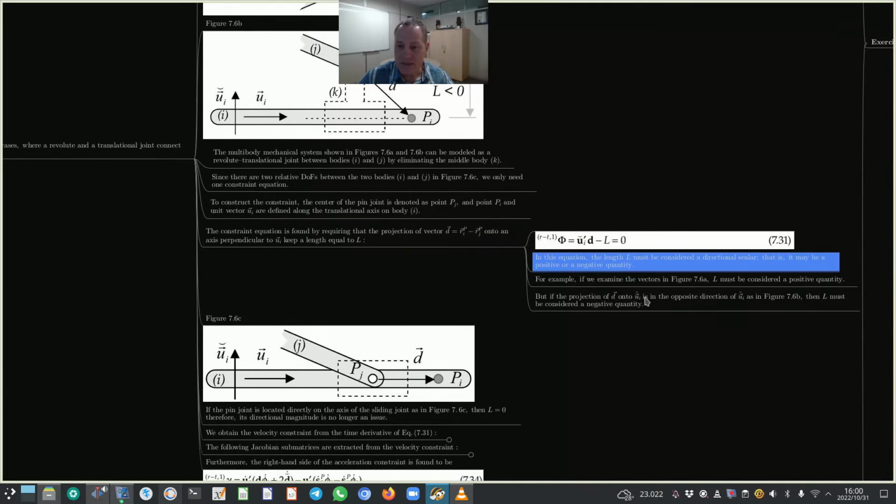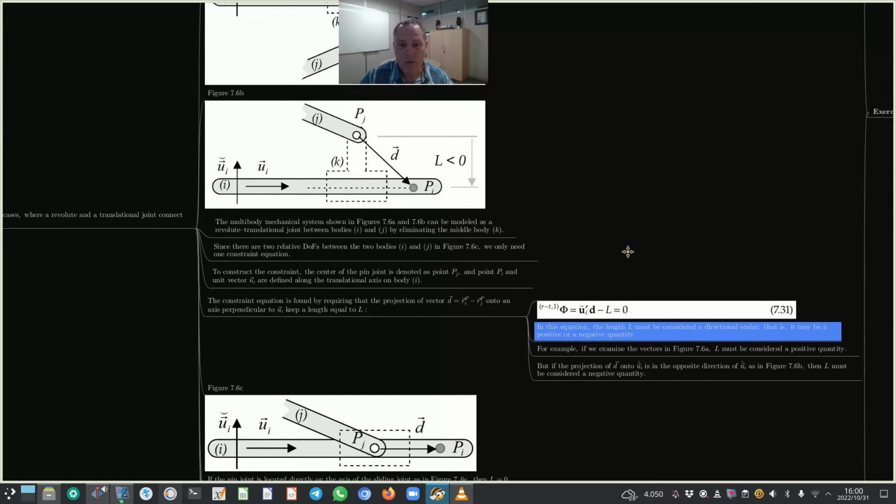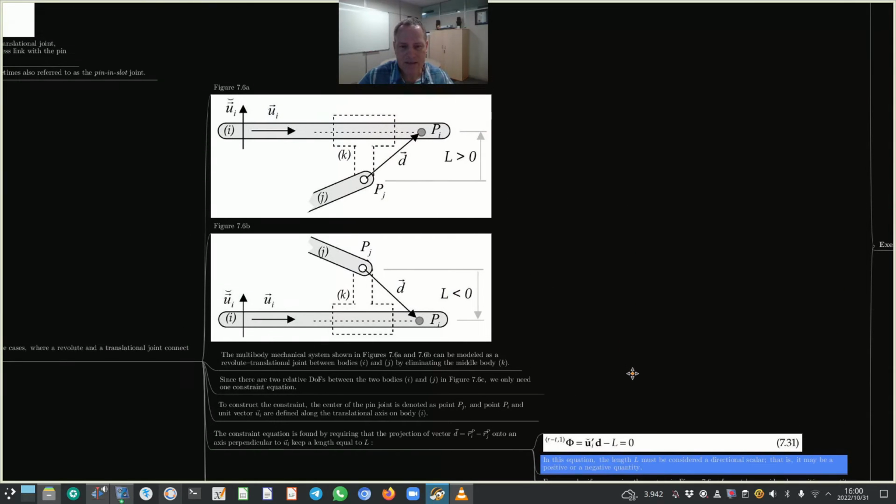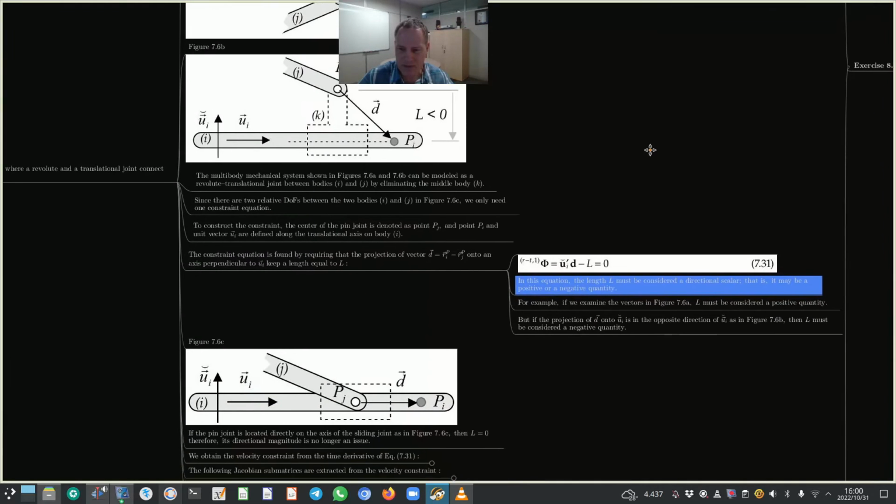So in this equation, the length L must be considered a directional scalar. That is, it may be positive or negative, and that's illustrated here in figure 7.6a and 7.6b.